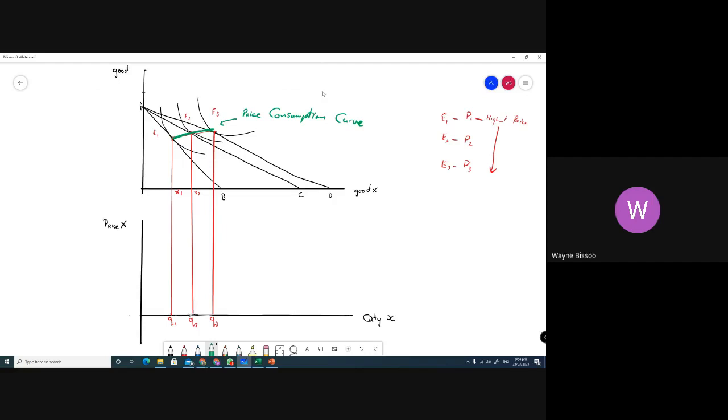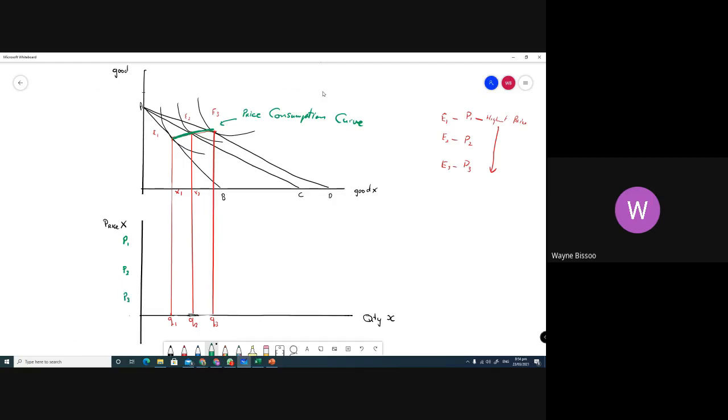We've translated that information down to a different graph now, where, remember, P1 is the highest price. So we have P1 here, we have P2, and then the lowest price was P3.